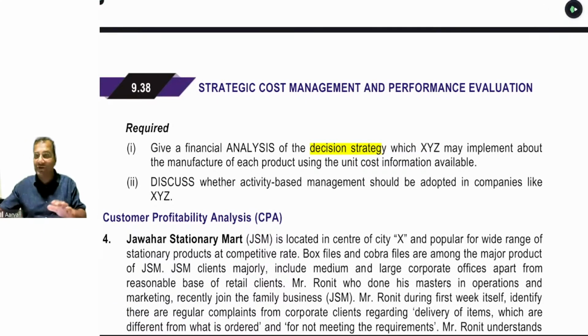I am not asking a generalized question. In this particular question, whenever you are financially analyzing the data, what is your decision strategy? On which basis, on which strategy you will decide to manufacture that product or not? I am waiting for your answer, beta.